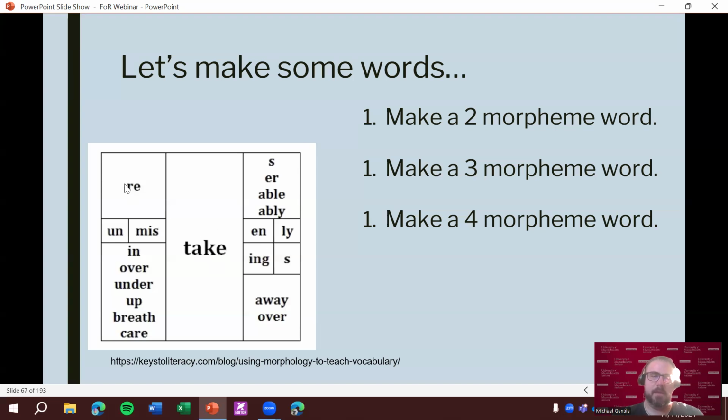So we can have students take a look at this word matrix and make combinations. So we can make a two morpheme word like intake, make a three morpheme word, mistakes, three morpheme, and then we can make a four morpheme word like, oh boy, unmistakably would be a four morpheme word.